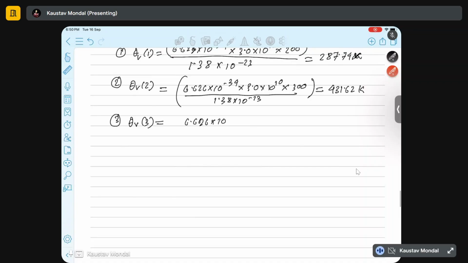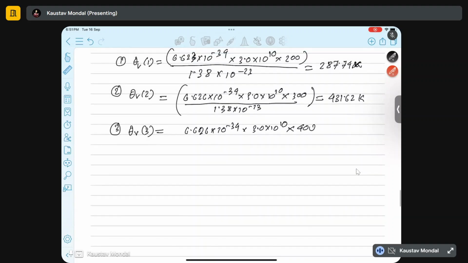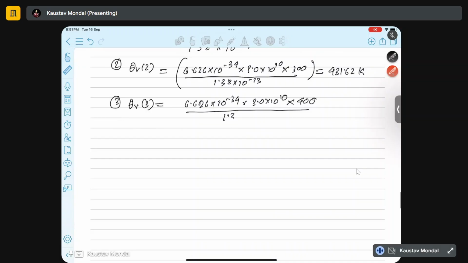Last, theta V3: 6.626 into 10 to the power minus 34 into 3.0 into 10 to the power 10 into 400, the whole thing divided by 1.38 into 10 to the power minus 23.